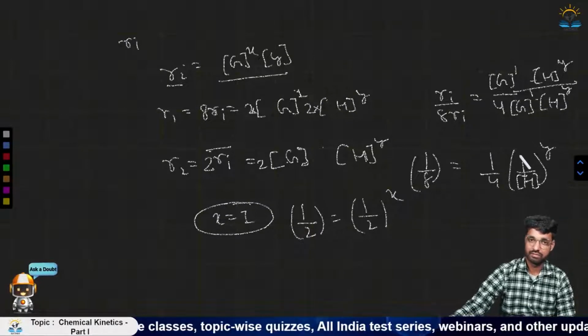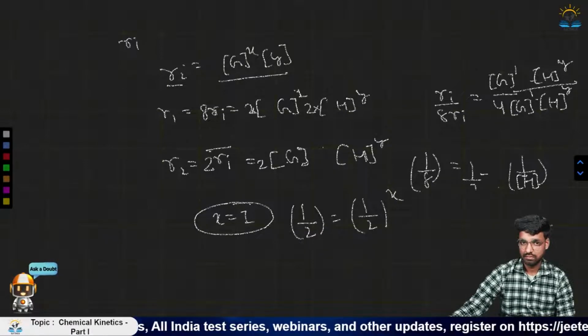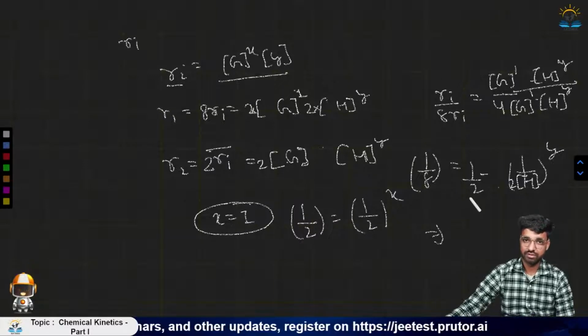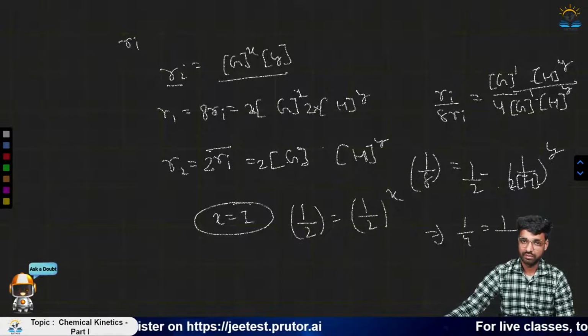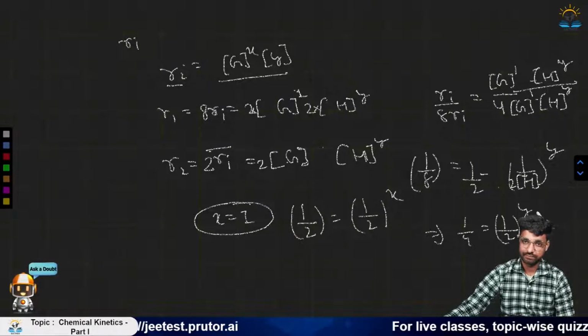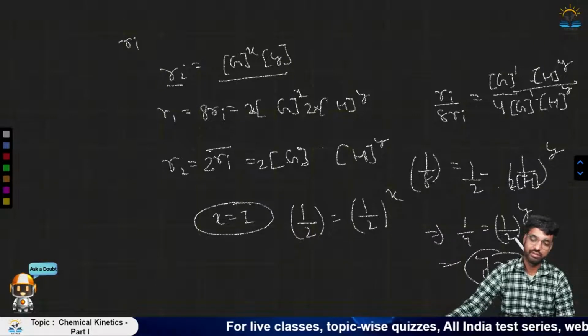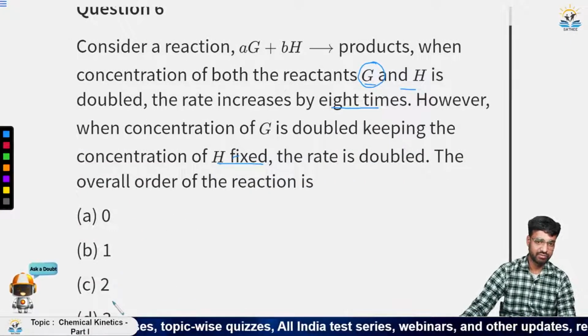That is y. So if we just solve this question, it will be 1 by 4, 1 by 2 to the power y. So it is clearly visible that y should be equal to 2 for this equation to be balanced. So what is the overall order of reaction? It will be 3.